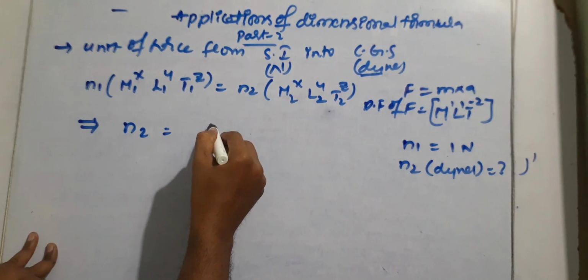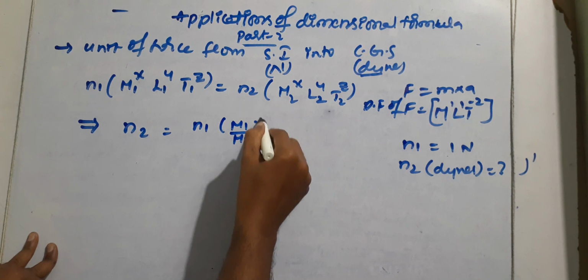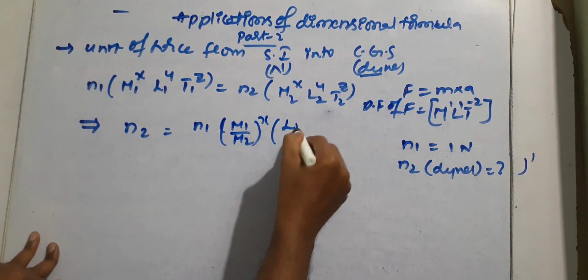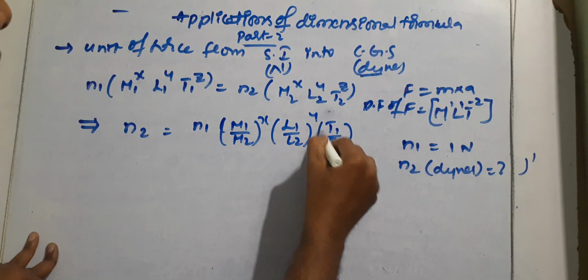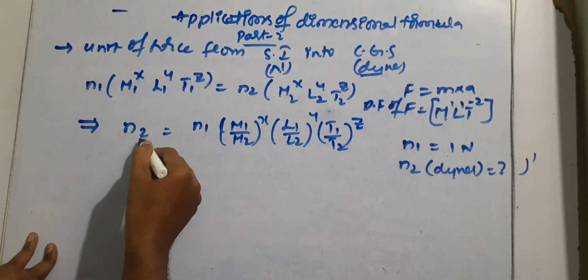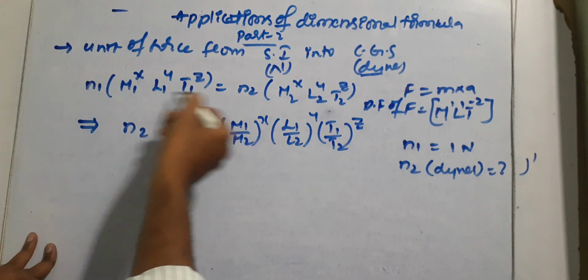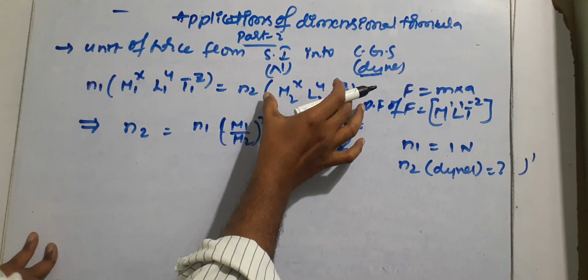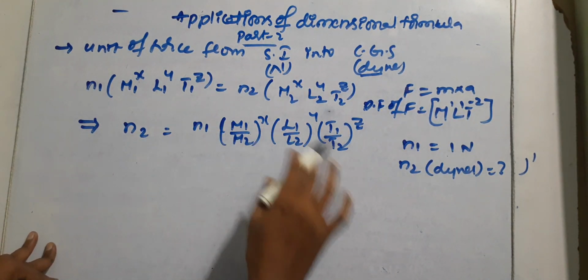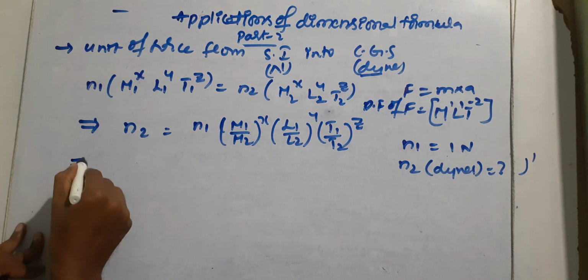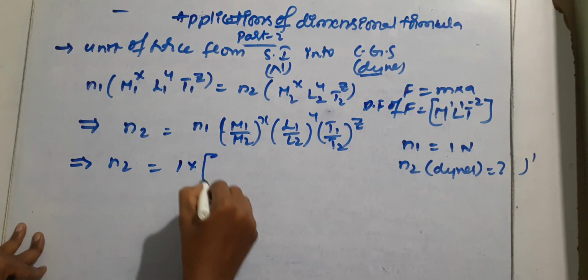Then N2 will become N1 of M1 by M2 whole power X, L1 by L2 whole power Y, T1 by T2 whole power Z. Since this part is taken as the subject, on changing its position to this side it becomes a division.